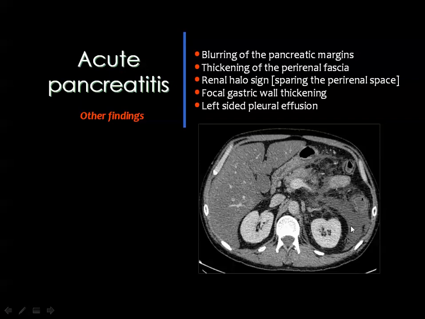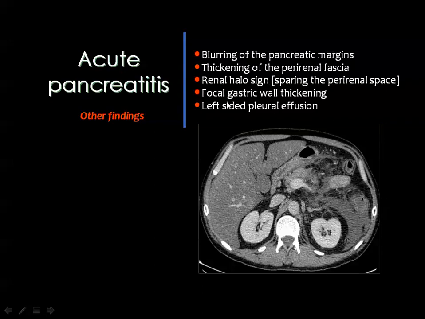And you see that this Gerota fascia is bordering the fluid, which is the sequelae of acute pancreatitis, giving this sign which is known as the renal halo sign, because the kidney is surrounded by a halo of hypodense fat being bordered by the Gerota fascia.